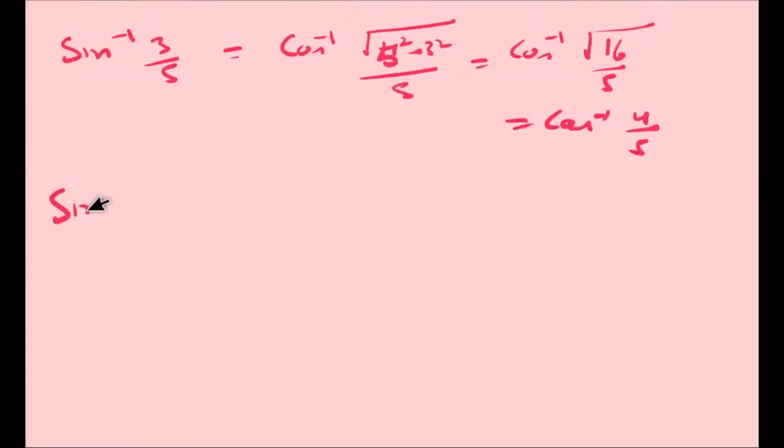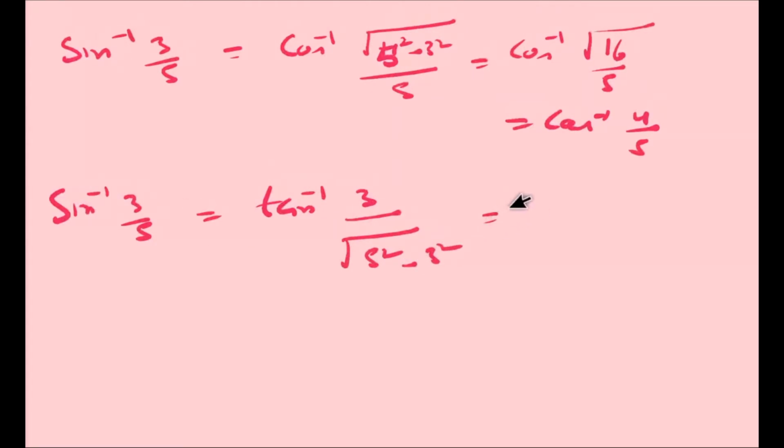Now if we want to change this into tan inverse, what is the value of tan inverse? The perpendicular is 3, and we want to find the base. The base is found from the square root of hypotenuse square minus perpendicular square, so it will be tan inverse 3 by 4. Okay.